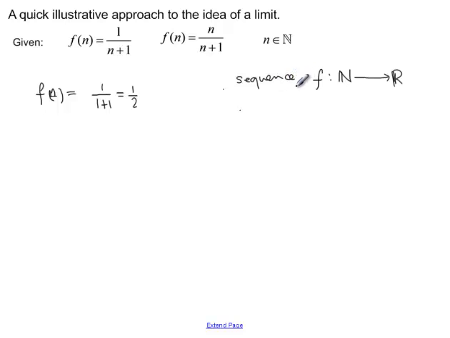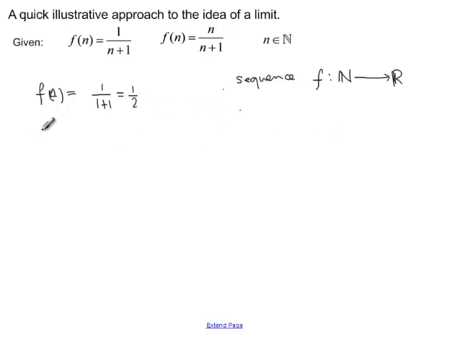This is a fancy mathematical term. For the common man's understanding, like my grandmother who never went to school, a sequence is just a queue of numbers. There's a first one, a second one, a third one. When I take n, 1 is the first one, and for 2 I assign a second value.